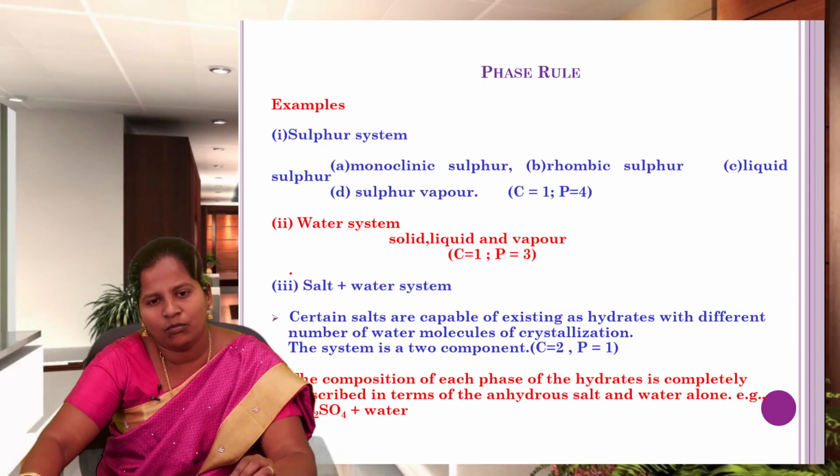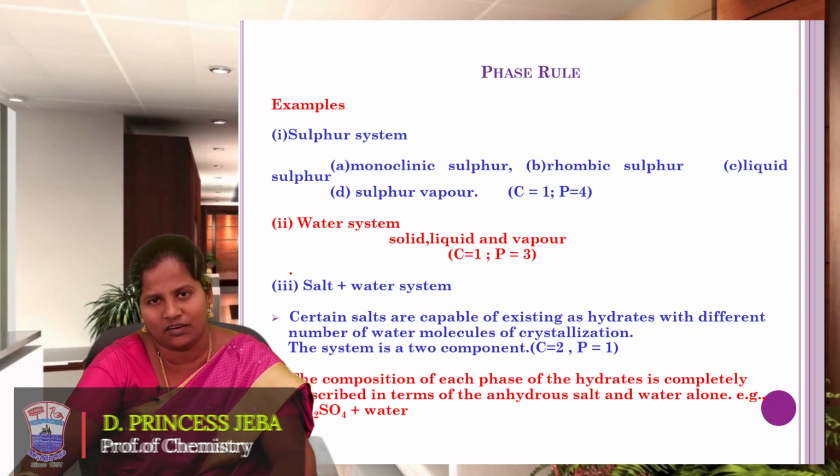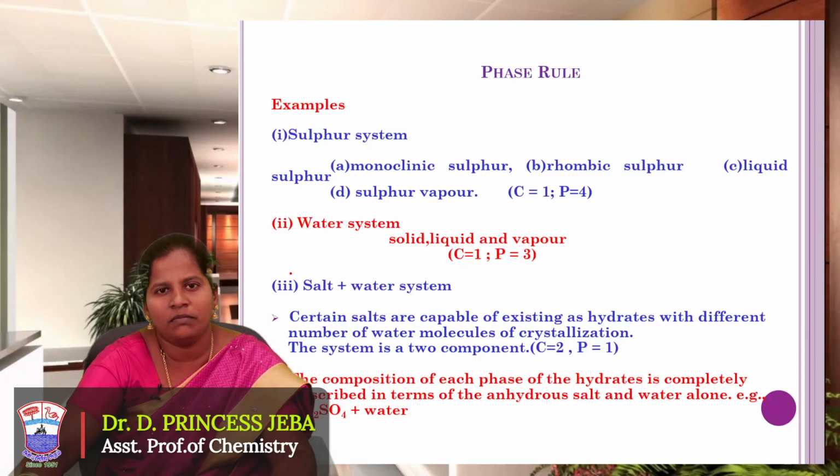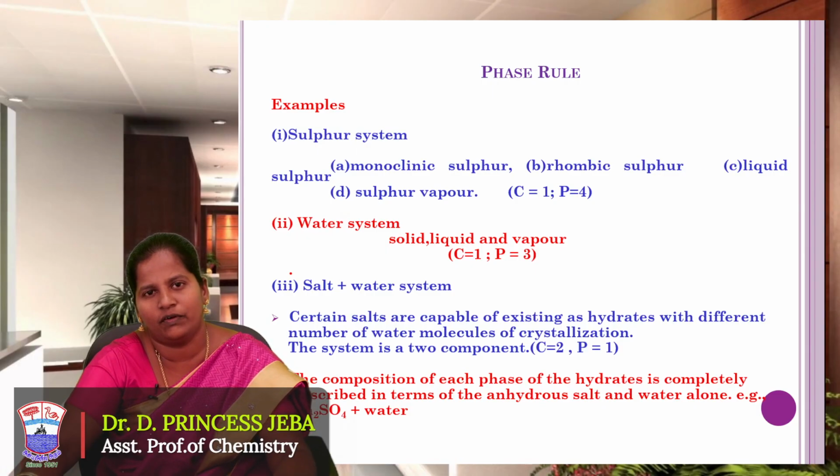Monoclinic and rhombic forms are both physically distinct, because monoclinic is a different crystal structure, whereas rhombic is another crystal structure. We are able to distinguish them physically by seeing the 2 types of sulfur. Liquid sulfur is entirely in the liquid form, whereas sulfur vapor is in the vapor form.